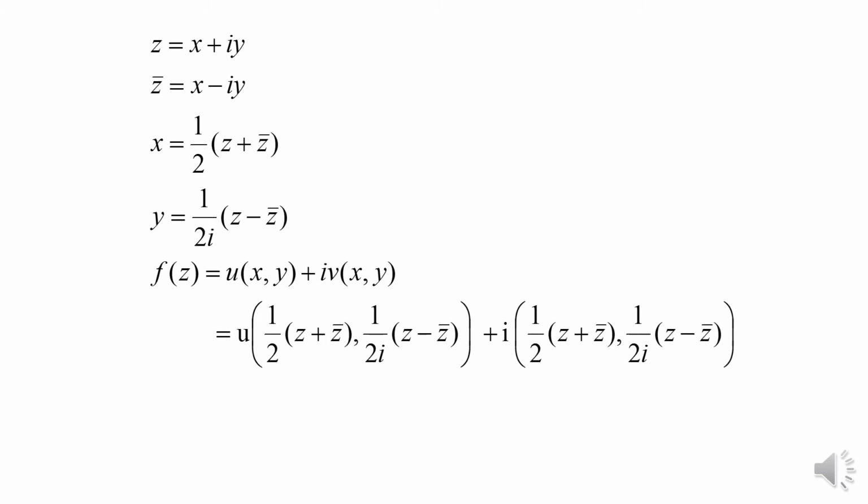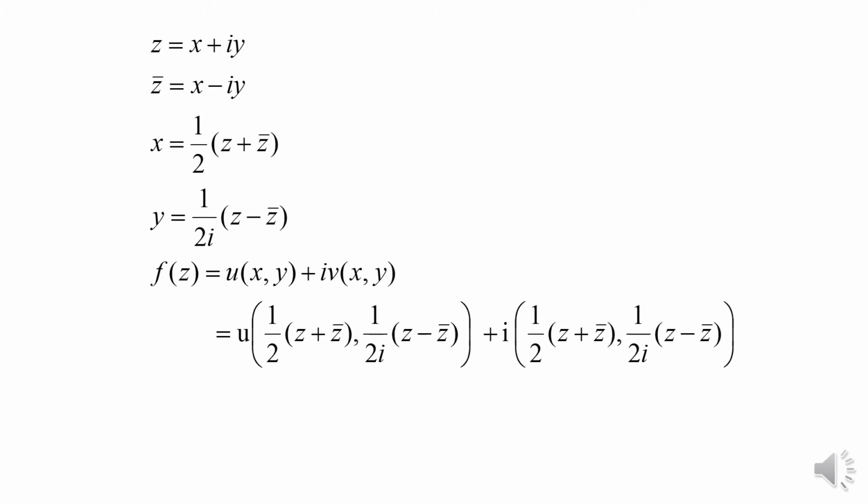We know z is equal to x plus iy, z bar is x minus iy, x is equal to half of (z plus z bar). When we add the first two equations we get x, after subtracting we get y, which is 1 upon 2i (z minus z bar).